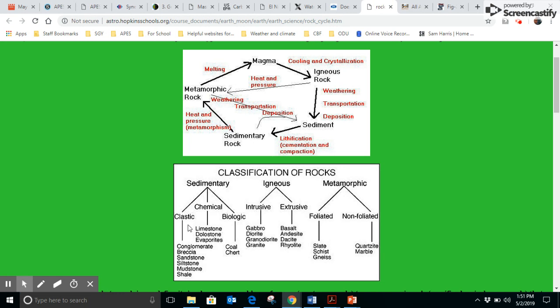Just as limestone with acid rain would dissolve, we have a metamorphic rock that would dissolve as well. Okay, and then slate is just shale that has been compressed and morphed into a metamorphic rock that's harder. We use that for building materials, so that's also important to know about.